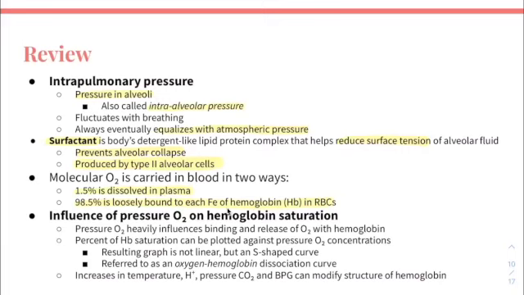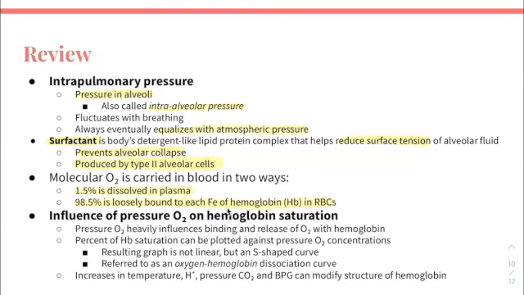That hemoglobin saturation depends on how much oxygen is attached, and that's what gives us that oxygen-hemoglobin dissociation curve.